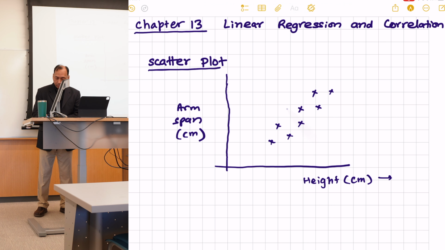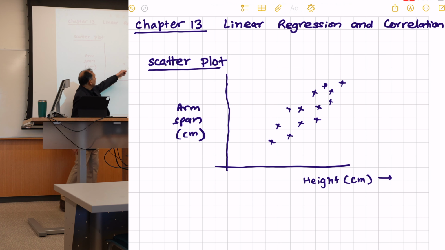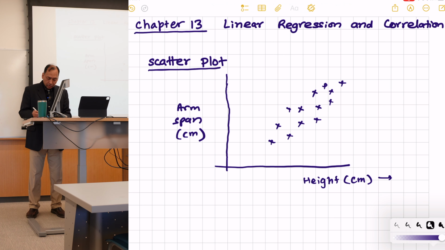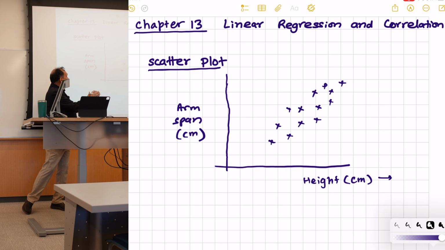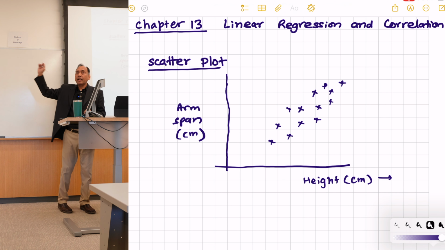I'm just making up this data. I don't know what's the reality. Suppose you get this kind of pattern. You can see that the relation between height and arm span more or less seems to be a linear kind of pattern. As height goes up, values of arm span also go up as per this scatter plot.